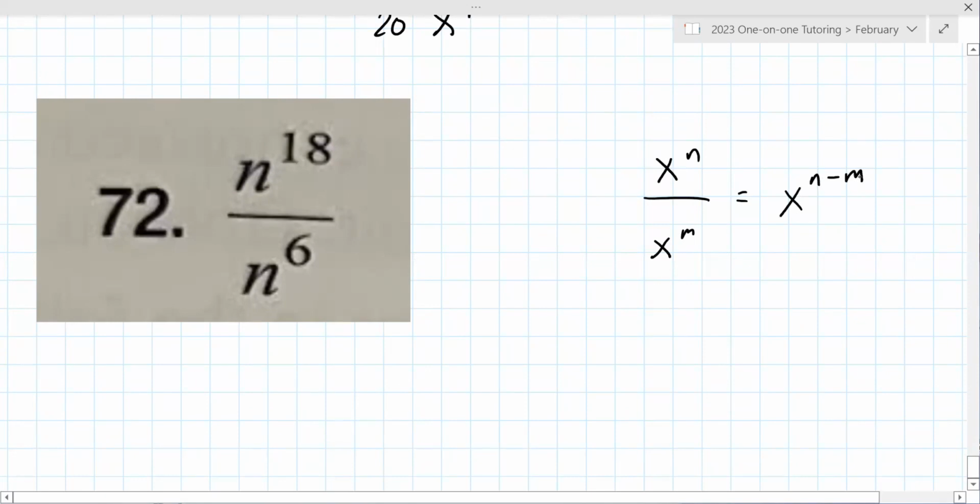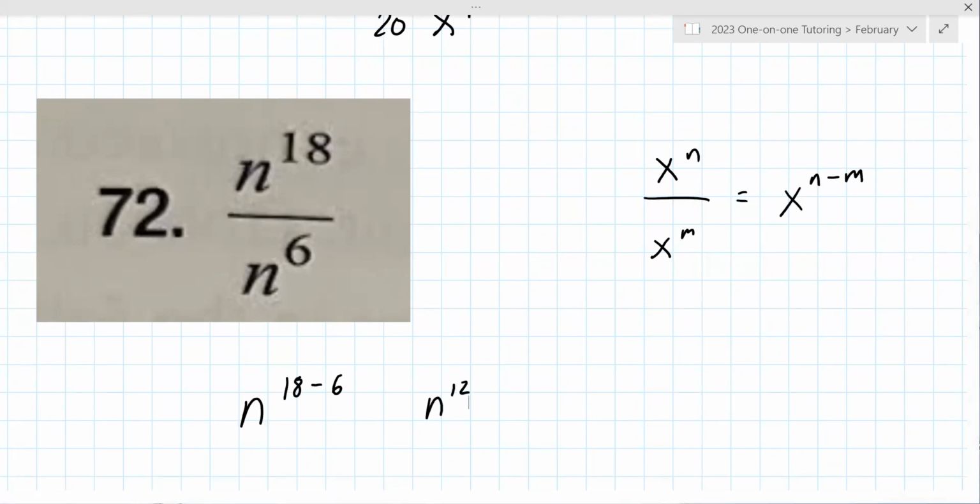It doesn't matter what they are, you just subtract them. So this becomes n to the 18 minus 6, which is n12. Yeah. Where it becomes problematic is when you get negative exponents, but there are none here.